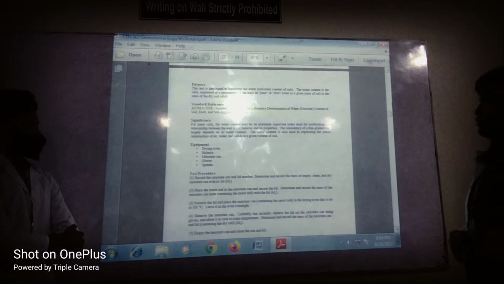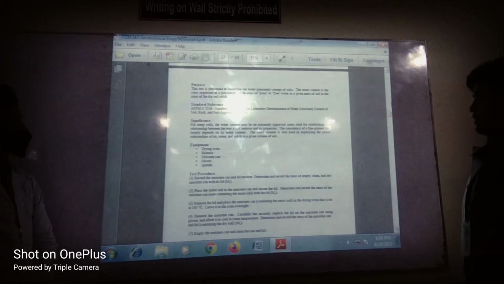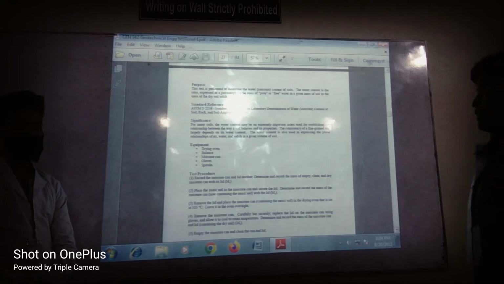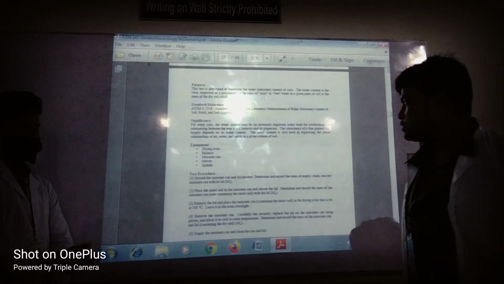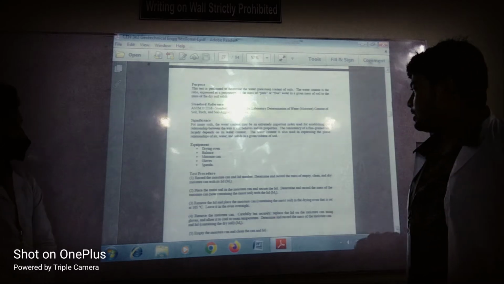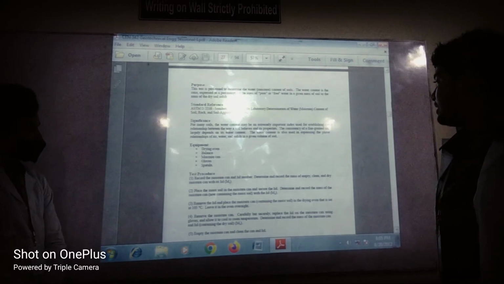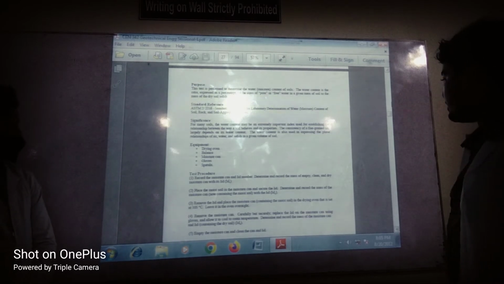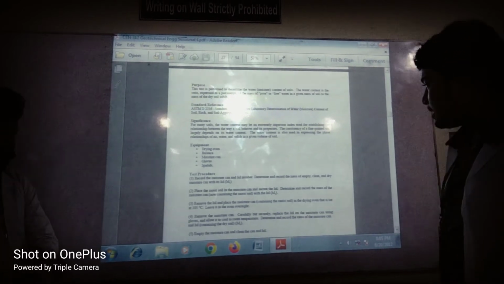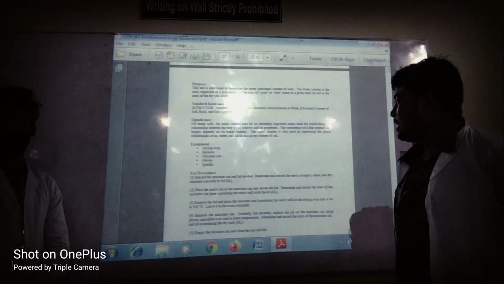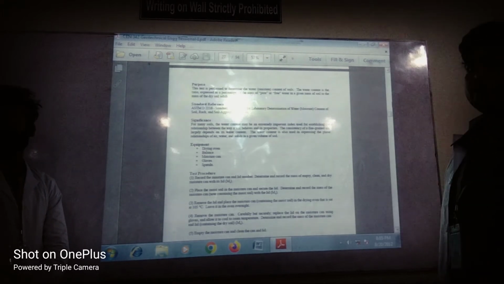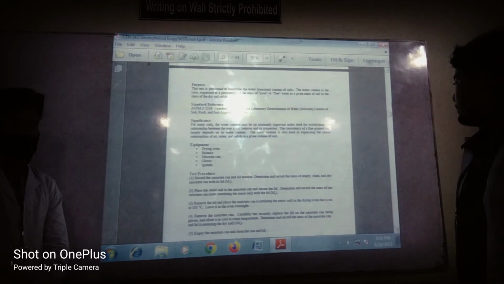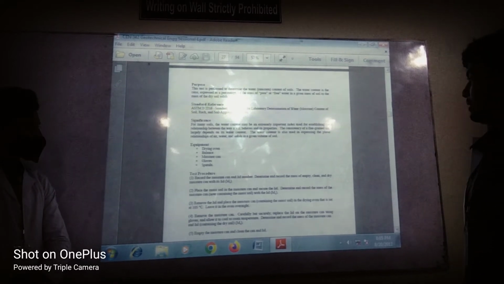Equipment: dry oven, balance, moisture can, glass, spatula. Test procedure: record the moisture can and lid number. Determine and record the mass of the empty, clean, dry moisture can with lid, M1. M1 means the mass of the empty moisture can plus lid number.